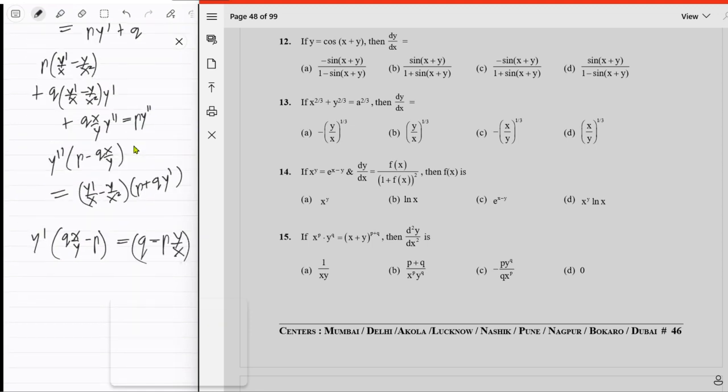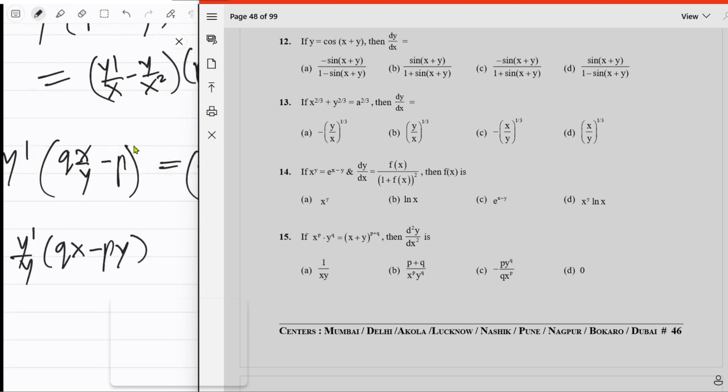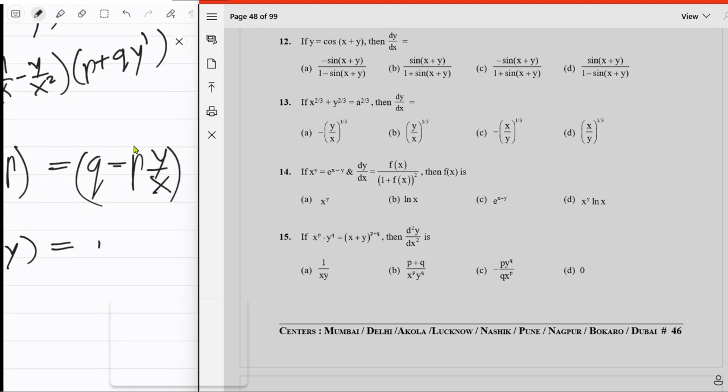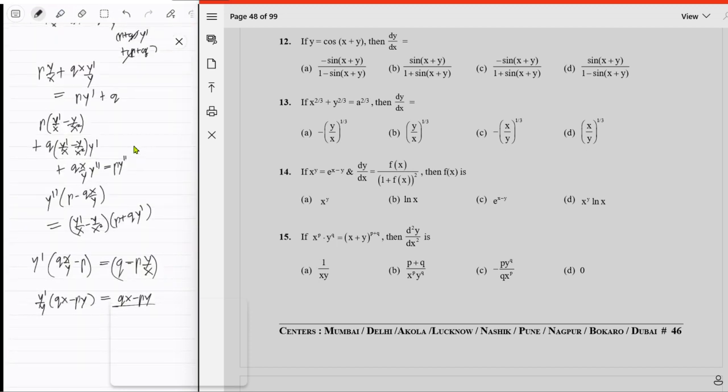So this just becomes y dash upon y times qx minus py is equal to qx minus py upon x. Hey, I could have done that earlier. Why did I not do that? I could have already done that, right? Oh god. Seriously, I should have done that.